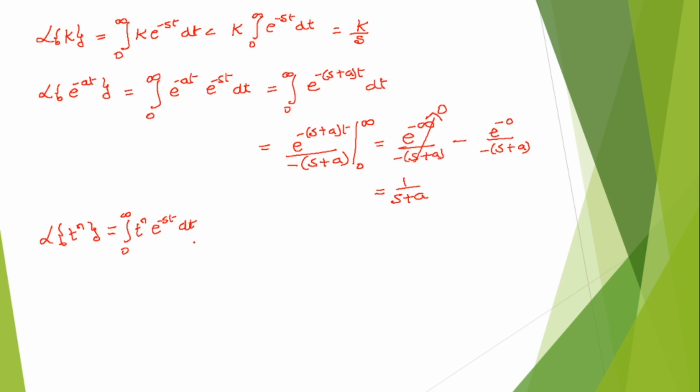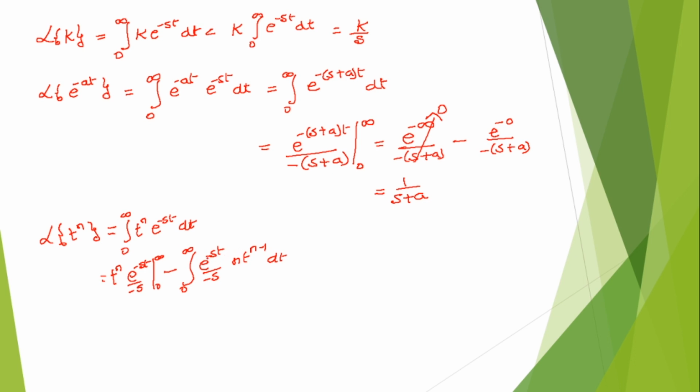So in this case what will happen? It is t to the power n e to the power minus st by minus s, product rule, 0 to infinity, minus integration 0 to infinity e to the power minus st by minus s, t to the power n differentiation n t to the power n minus 1 dt.